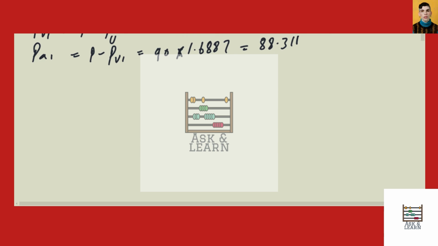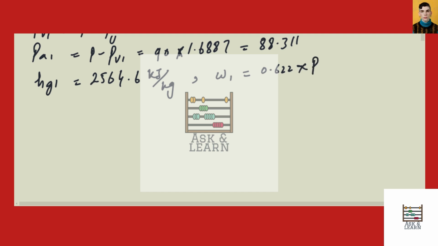So for the calculation we will also need the Hg1 value, that is 2564.6 kilojoules per kg, and we find the value of W1, that is 0.622 multiplied by PV1 divided by P minus PV1.